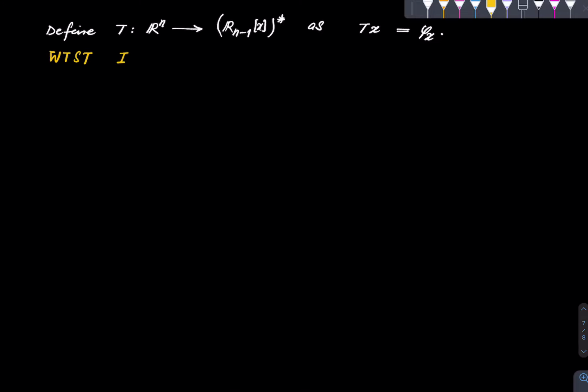Right, so to do that, define a map T from R^n to the dual of this vector space as Tx equals phi x. And again, recasting the problem, we want to show that I is in the image of T.